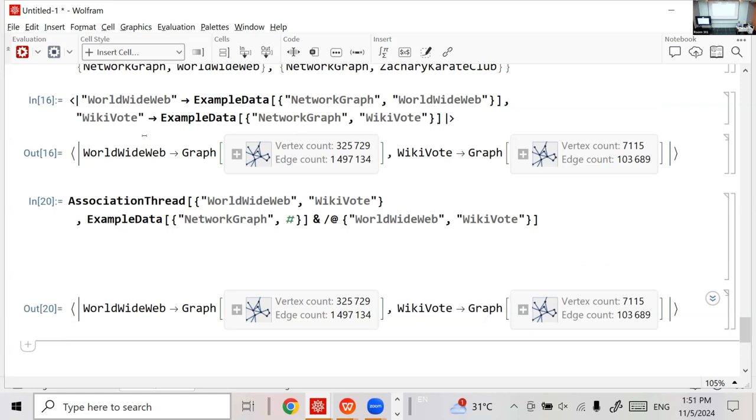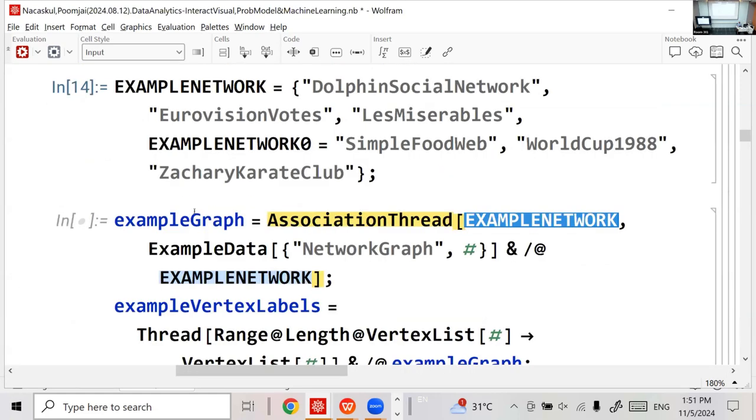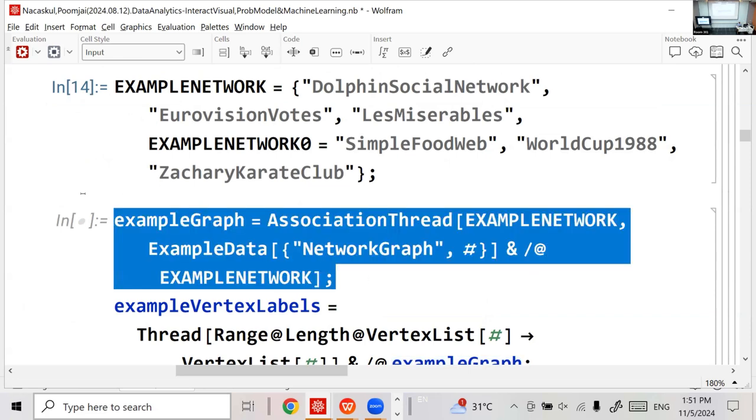So that's it. Now when I did this, my example graph looks like this, basically. So let me do this separately.